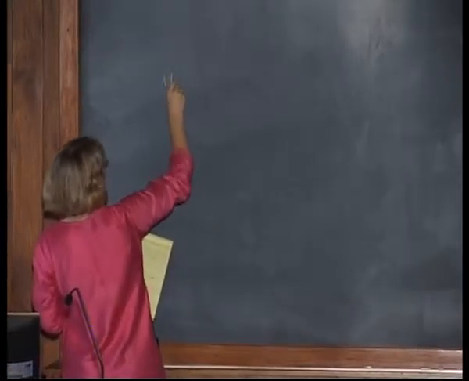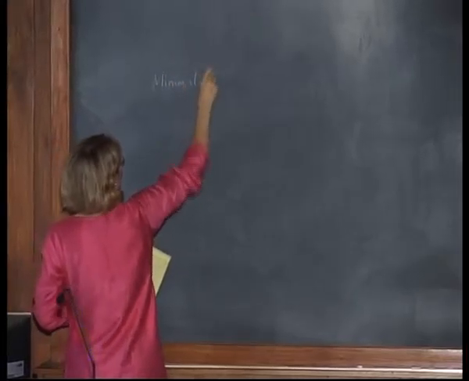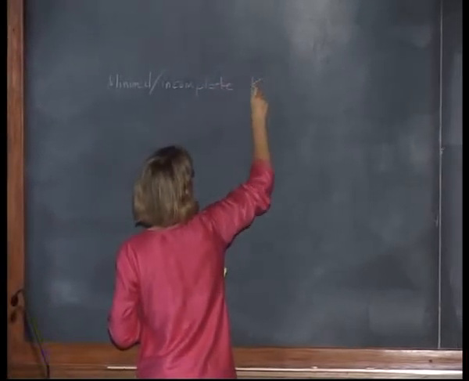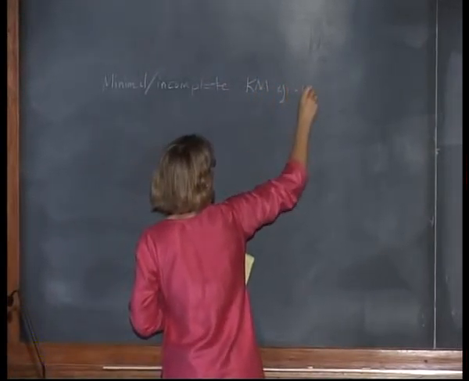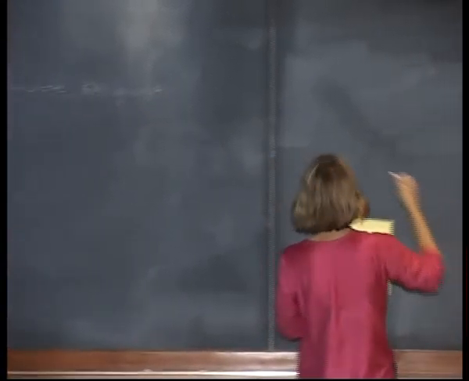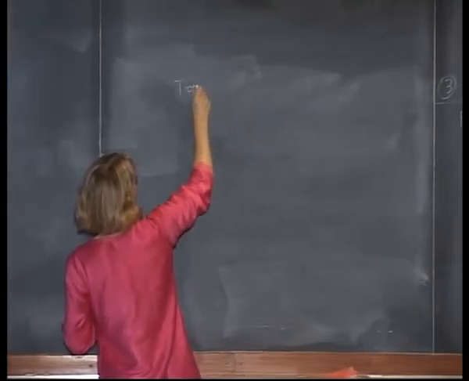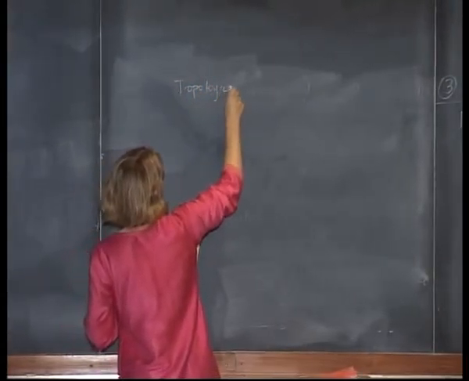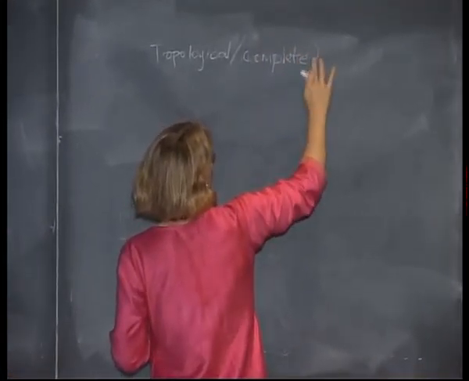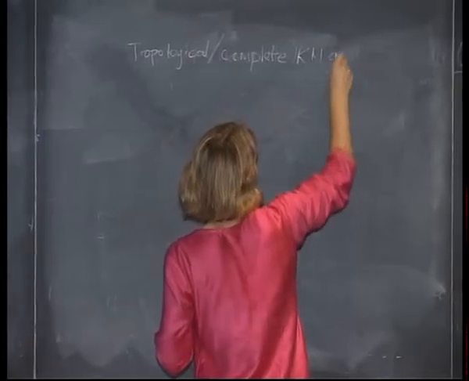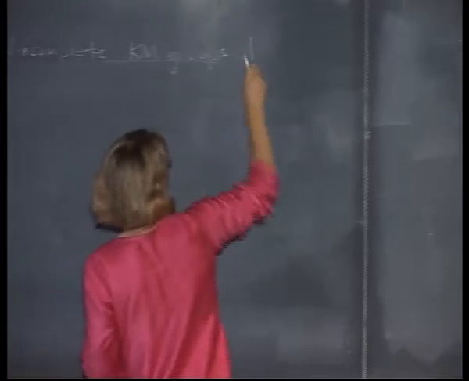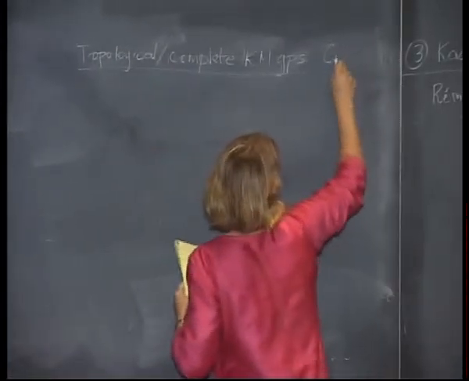They could be talking about what is sometimes called minimal or incomplete Kac-Moody groups, and they could be talking about what is sometimes called topological or complete Kac-Moody groups. So I'll call these ones lambda and these ones G.